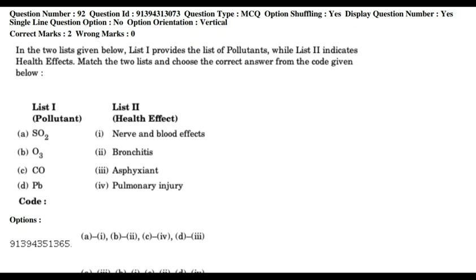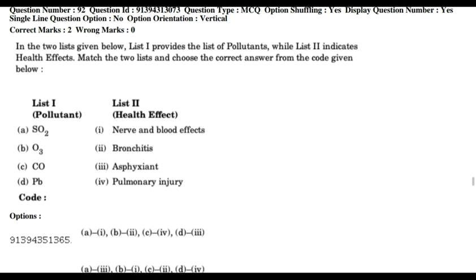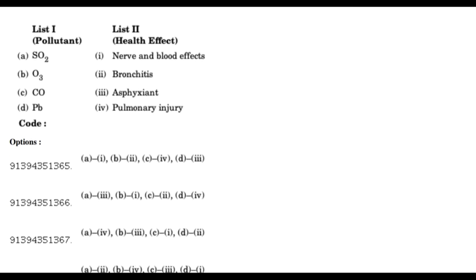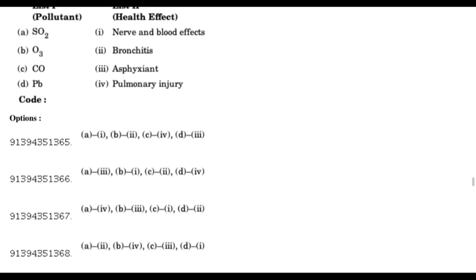Next, we have to match these two lists. Here the pollutants are there, and here the effects. What are the effects they cause? So the right answer is this one. So A is linked with sulfur dioxide, A is linked with bronchitis.